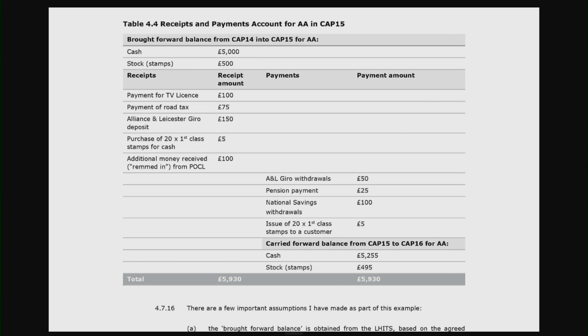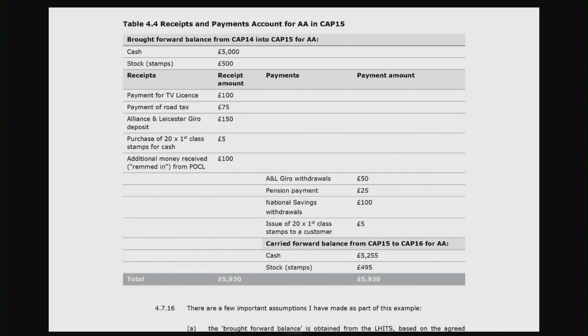On the other side of the ledger, you see A&L Giro withdrawals of 50 pounds, a pension payment of 25 pounds, National Savings withdrawals of 100 pounds, and the issuance of the stamp of 5 pounds to a customer, which results in the carried forward balance of cash of 5,255 pounds and stock, which is 495 pounds.